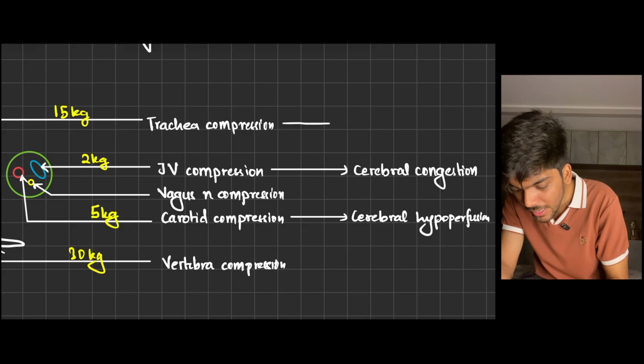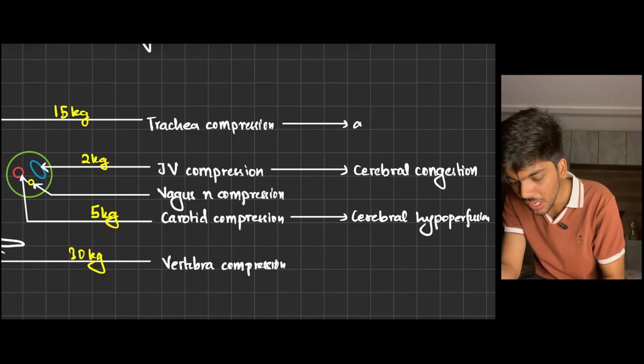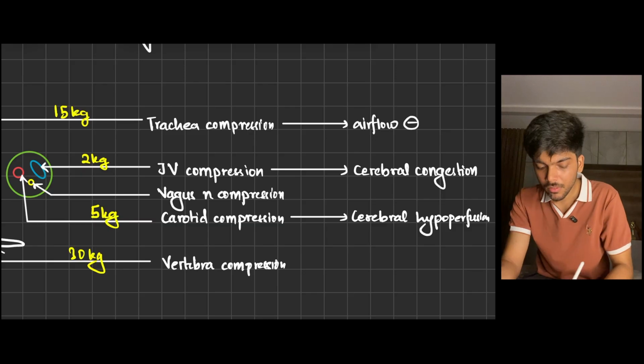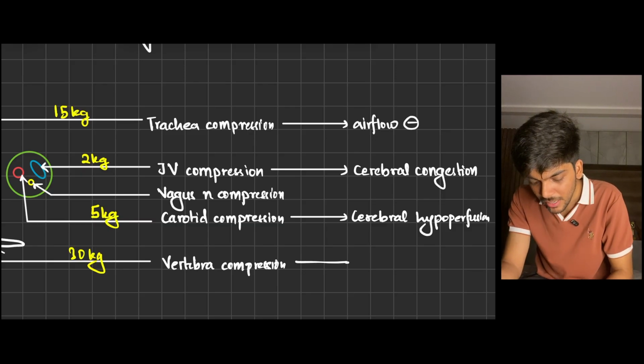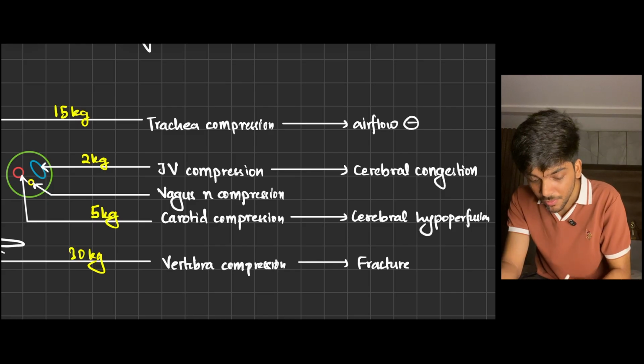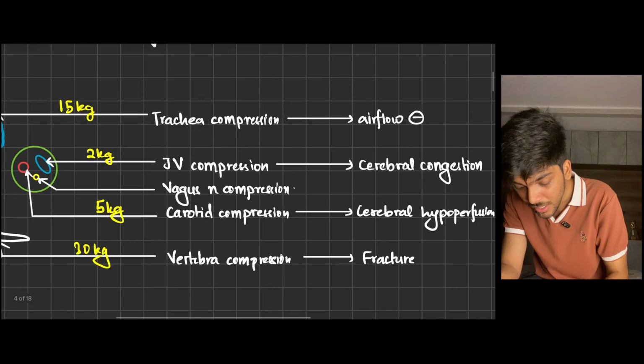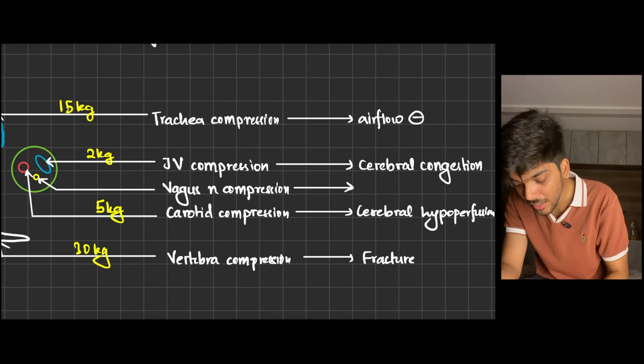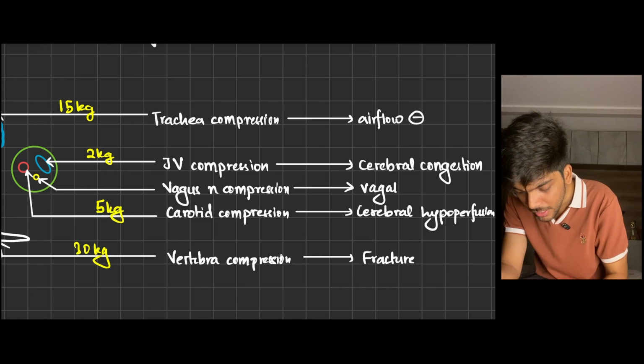Similarly, if the trachea is compressed, the airflow is inhibited. If the vertebra gets compressed, it will lead to fracture of the vertebra. And if the vagus nerve gets irritated, it will lead to vagal inhibition of the heart.